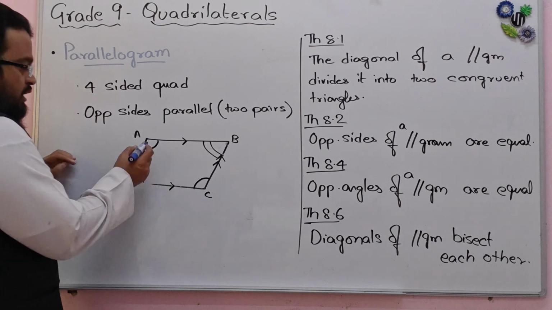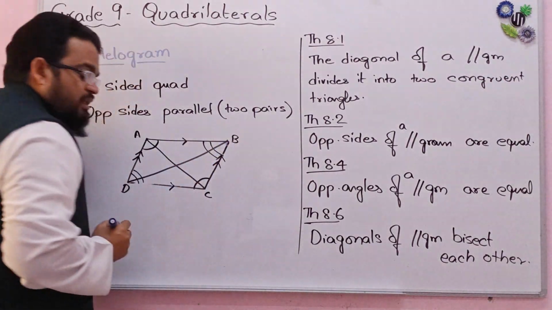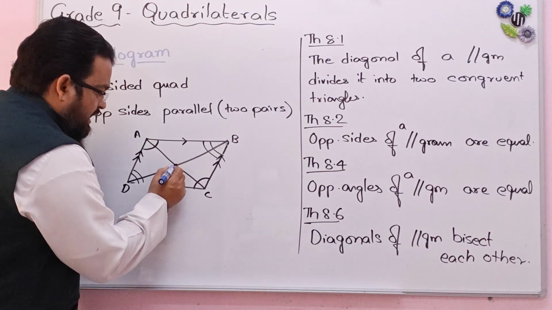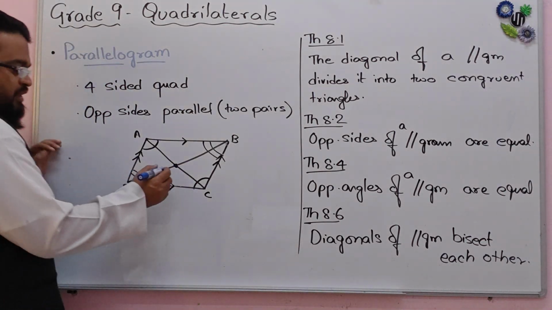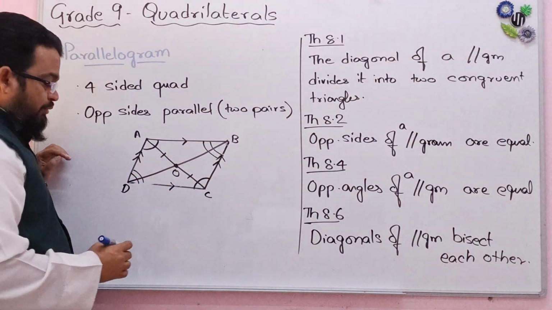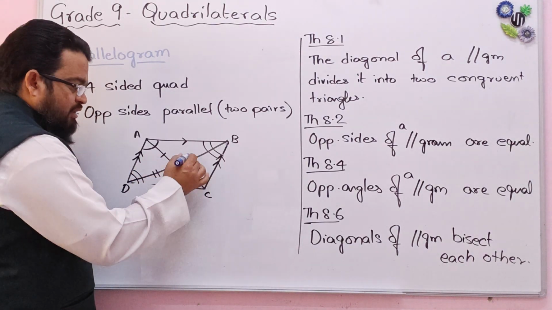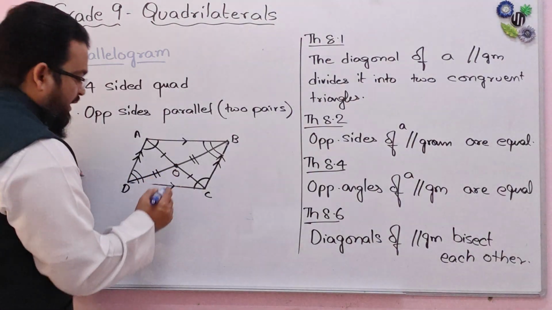Bisect means what? AC and BD divide each other into two equal parts. For example, if I take this point as O, AO is equal to CO, and in the same way DO is equal to BO. Understood or not?